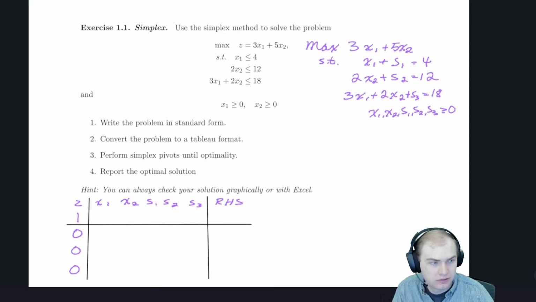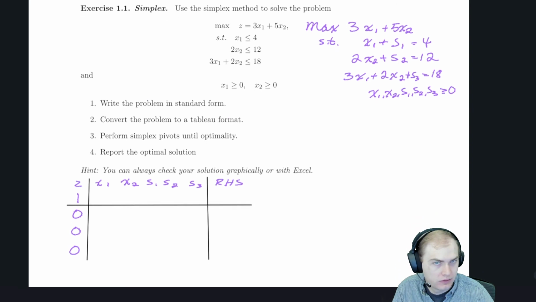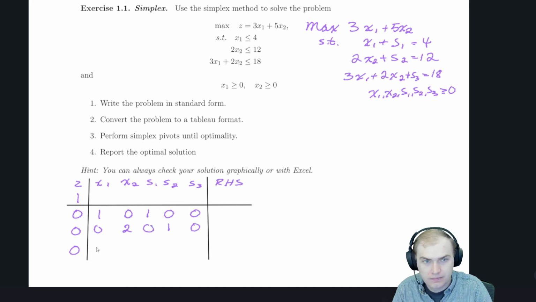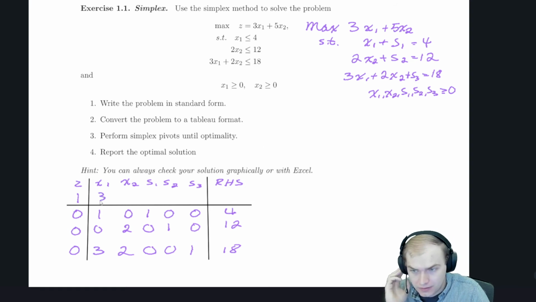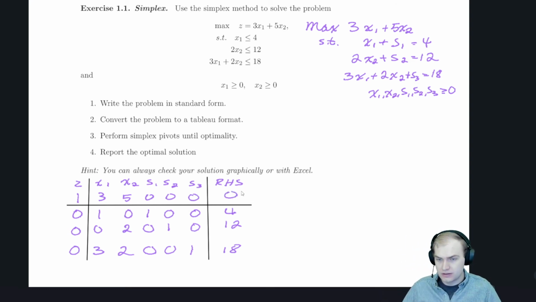We can look up here at our standard equality form to get our A matrix. 0, 2, 0, 1, 0, 3, 2, 0, 0, 1, 4, 12, 18. With 3, 5, 0, 0, 0, and 0.